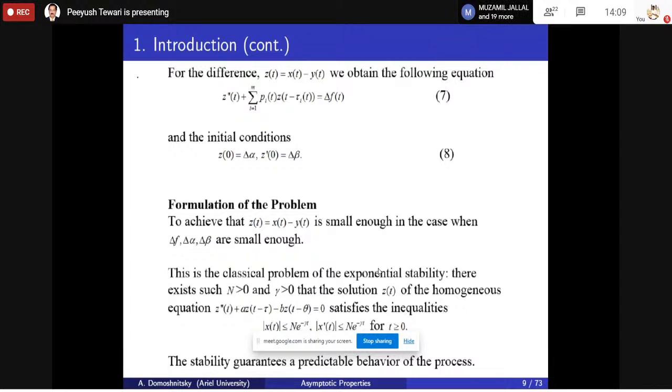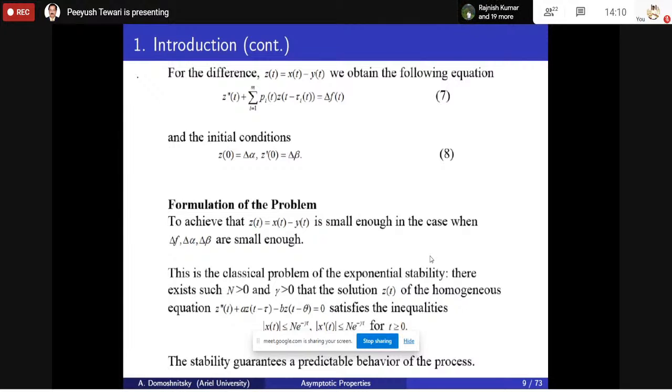Okay, well, if we denote the difference of x and y, we obtain the second order equation 7 for the difference of x of t and y of t, and of course, no corresponding equalities in the initial condition, and we have to obtain stability of our equation 7.